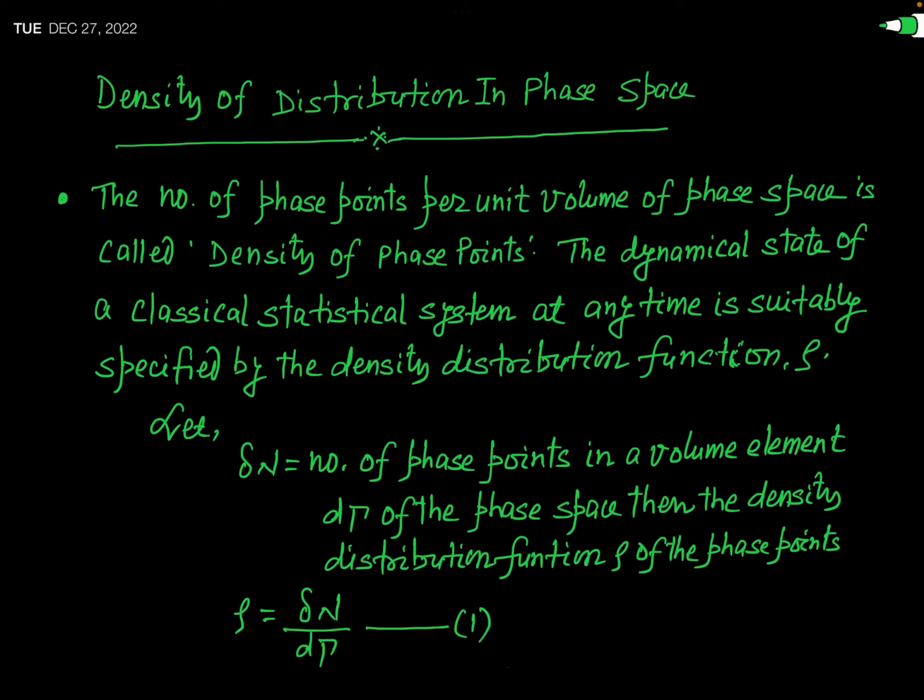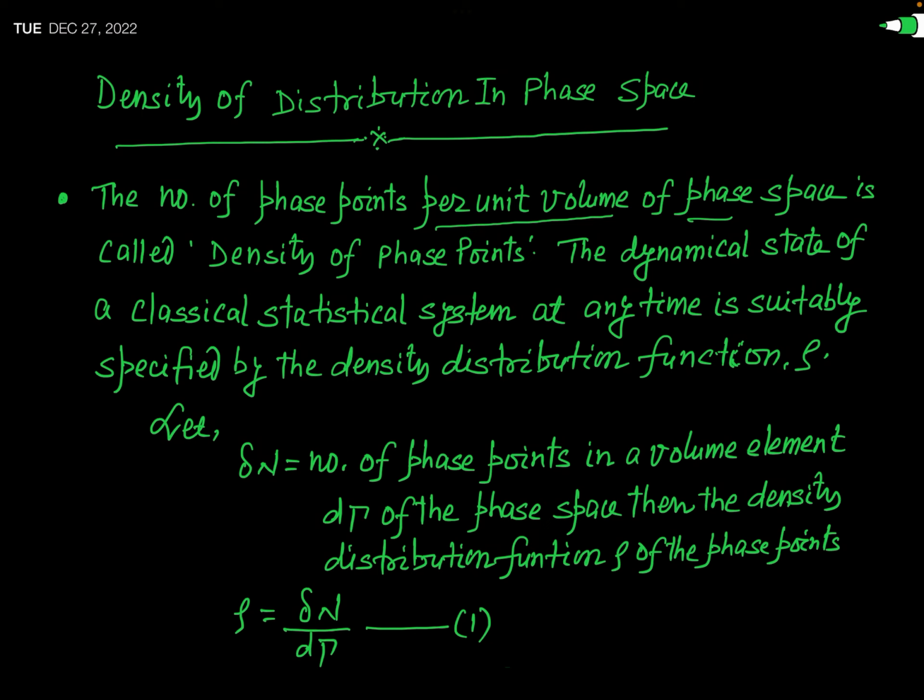As the name says, the density of phase points is simply the number of phase points per unit volume of the phase space. Okay?